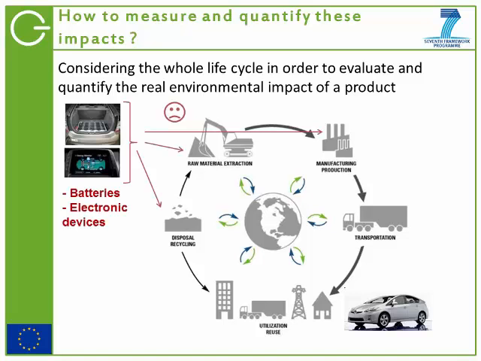In the case of the electric car, if we look at the raw material depletion during the first phase of a product life cycle, it is worse than the conventional car because a lot of raw materials are needed to manufacture the battery and the electronic controllers. But on the other hand, depending on the electric mix used for recharging the battery, it emits very little CO2. By looking at the product life cycle and at different types of environmental indicators, we can make an informed decision about whether or not the electric car is better for the environment.